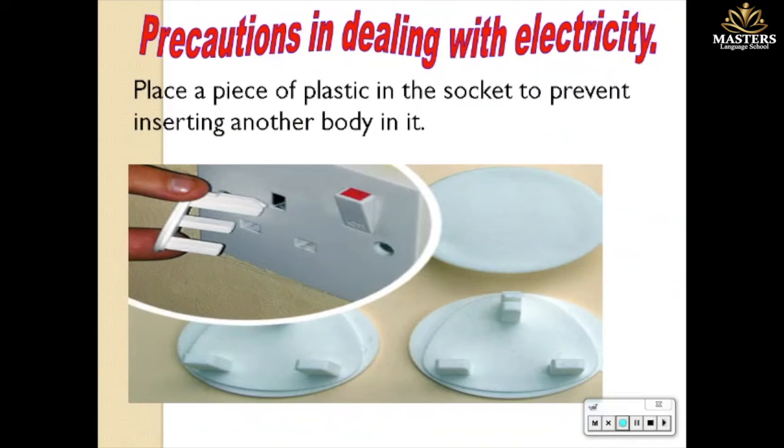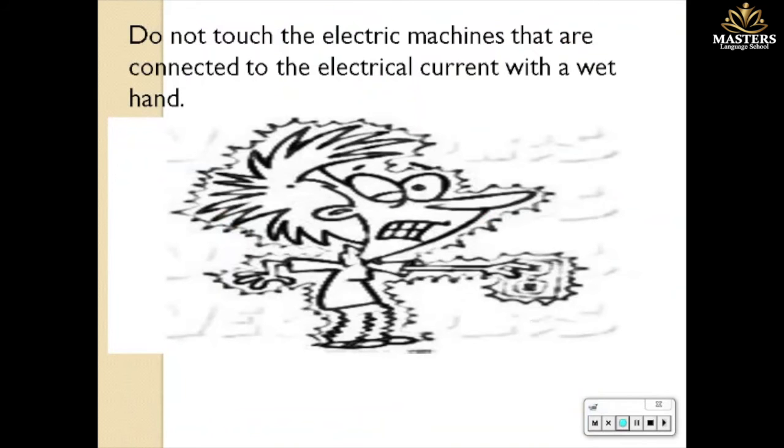If you have a baby in your house, place a piece of plastic in the socket to prevent inserting another object in it. Number 3, don't touch the electric machines that are connected to the electric current with a wet hand.